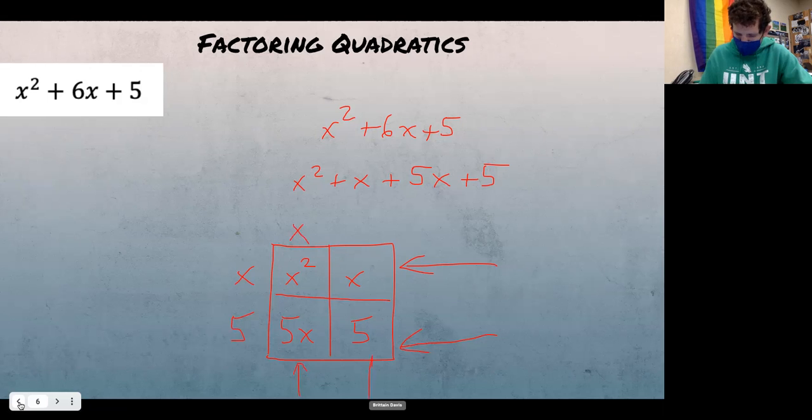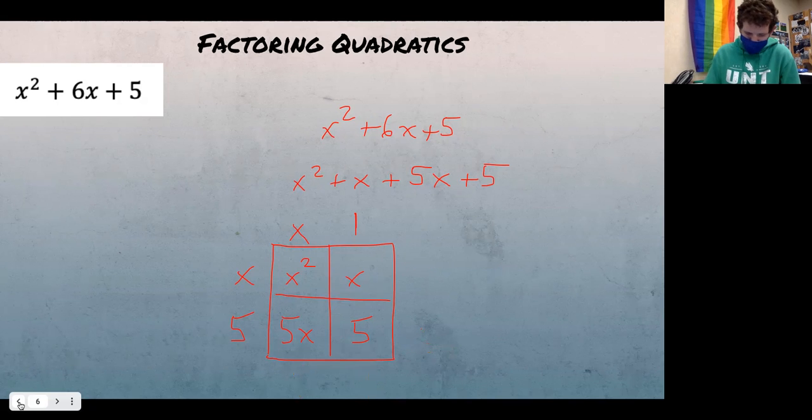And what's a common factor for the second column? 1. Okay, this is one that's a little bit tricky because x and 5 really don't have anything in common except for the fact that this is 1 times x and that's 1 times 5. 1 is always a factor if you have nothing else. So in this case, we don't have anything else. So I will do 1 as a common factor.